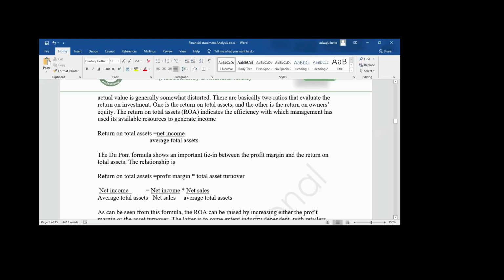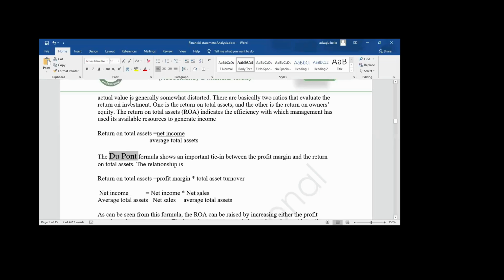When we say DuPont, please note this word. This was tested in 2023, November diet, or May diet. The DuPont identity. Let me expand this a bit. I want to draw attention to this. The DuPont.